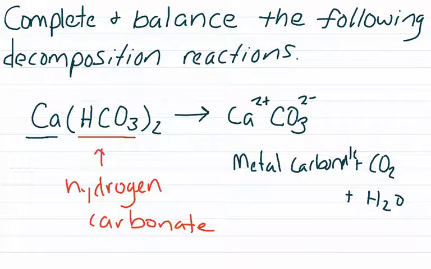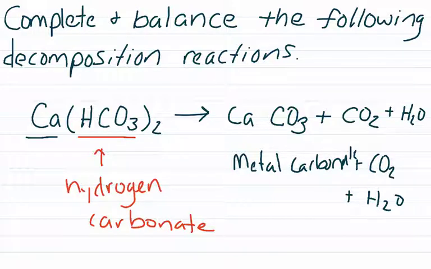In this case, calcium is 2 plus, carbonate is 2 minus, so it's already neutral. So calcium carbonate, CaCO3, is our first formula. So the metal hydrogen carbonate will break up into a metal carbonate, calcium carbonate, carbon dioxide, and water. So it'll always break up into carbon dioxide and water, and then the metal carbonate.